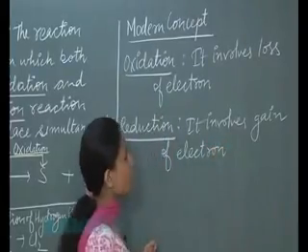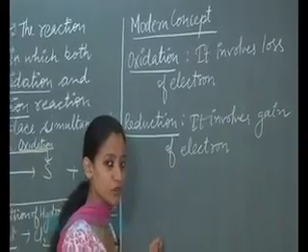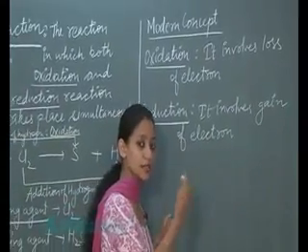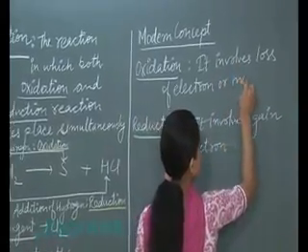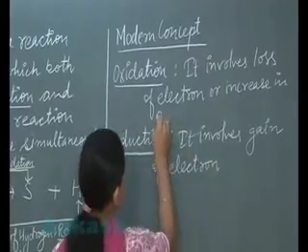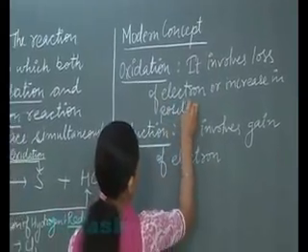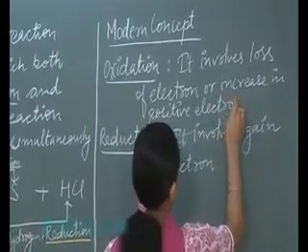Students, so oxidation involves loss of electrons, and when there is loss of electrons, the positive electrovalency increases. So I can write increase in positive electrovalency.